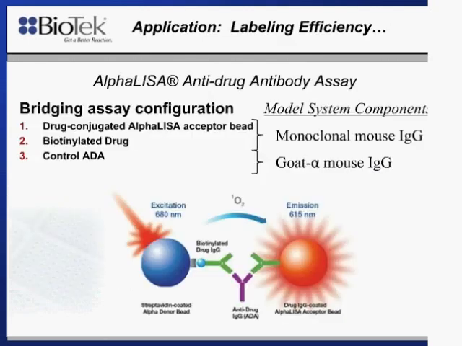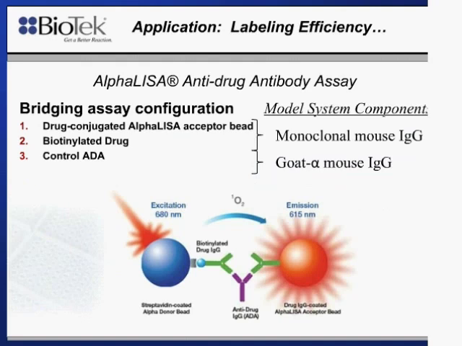I'd like to now change gears here slightly and just discuss a practical application, one that we're currently working on here at BioTek. And this has really been an excellent use for the microvolume analysis. And I don't really want to talk much about the details of alpha ELISA. I'm sure many folks are already familiar with this type of technology, proximity assay type technology.